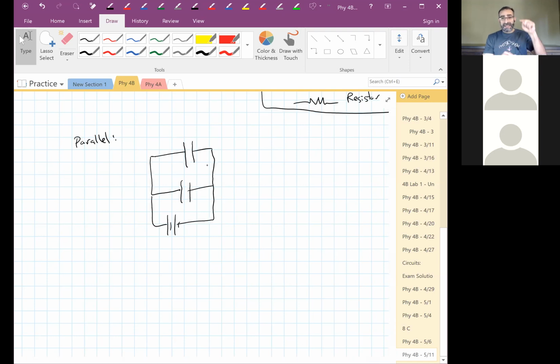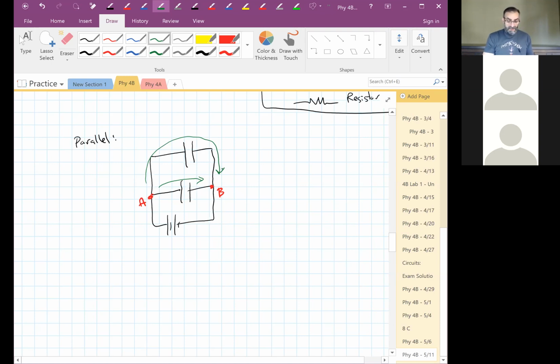And if we can get from point A to point B through two different paths, those two paths are in parallel with each other. So in this case, we can get from point A to point B through two different paths, right? Through this path or through this path. These are parallel paths to the other side.